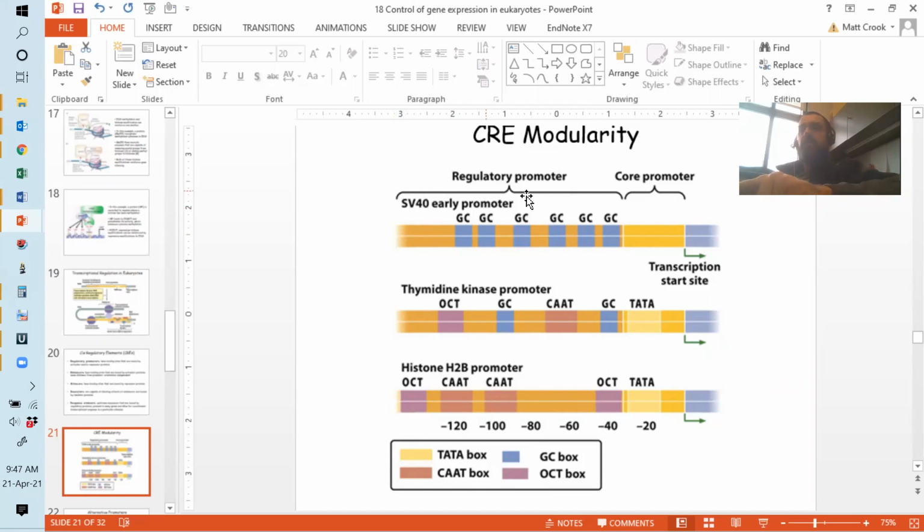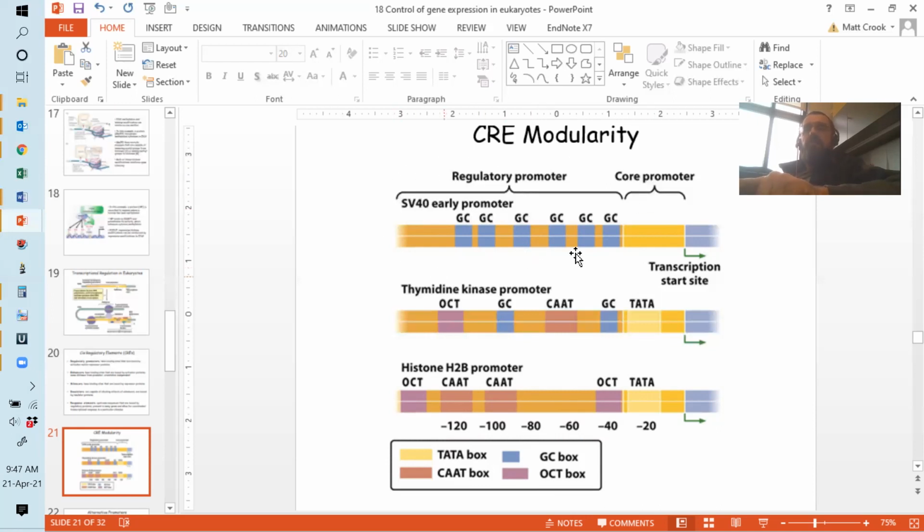And then in the regulatory promoters, you can have a range of different response elements, a range of different things that are recognized. And these are called, in this case, GC box and octamer box, a CCAAT box, right? And how many of these you have and what you have can determine how highly expressed that gene is.